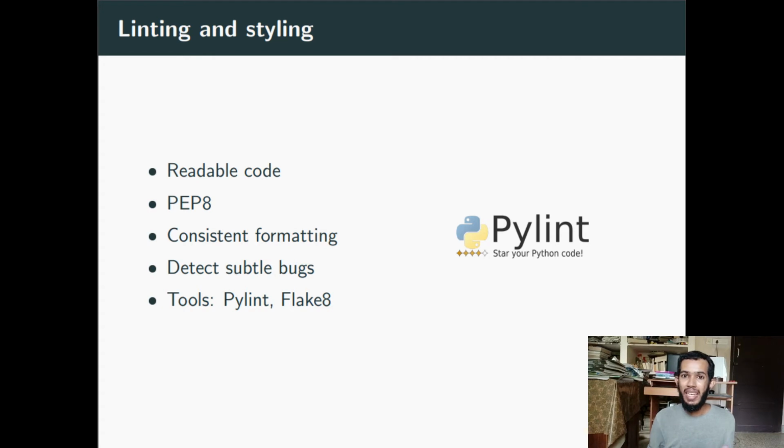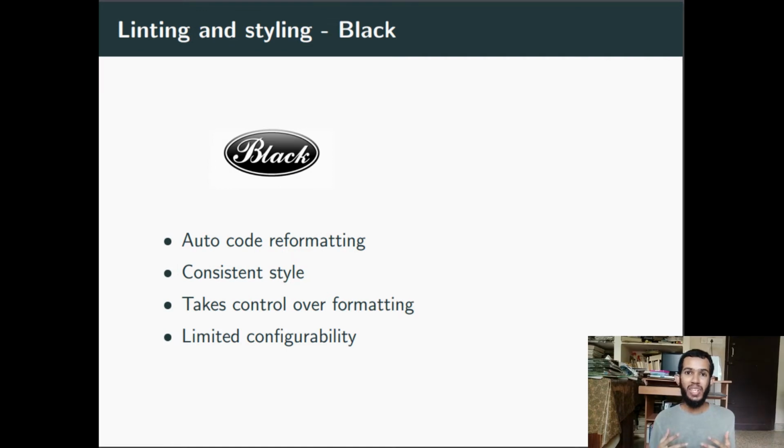Pylint and flake8 are some of the commonly used popular linting tools for Python. The default values are good enough, but if you want to change any rules, they are quite configurable. And there are code formatting tools like Black.